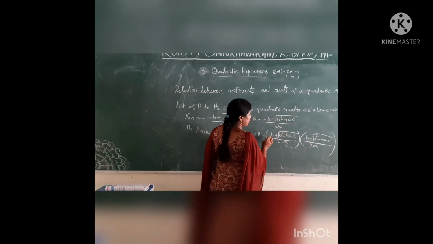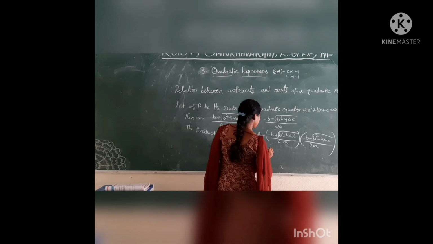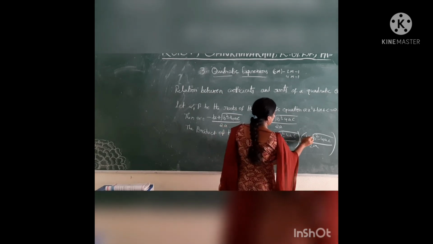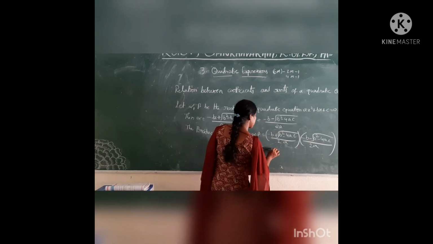Both are multiplied, minus b and minus b. So a plus b into a minus b, that's why we get one general formula, a square minus b square.